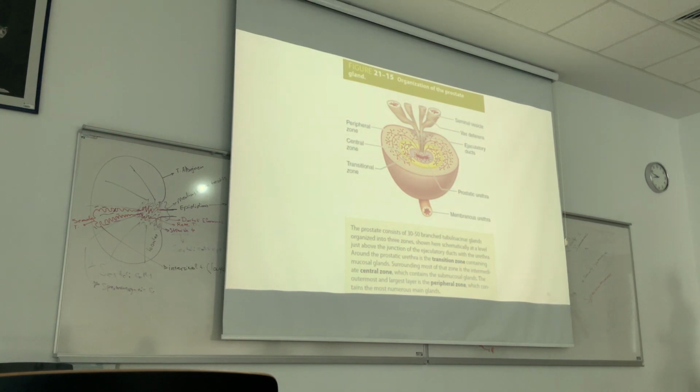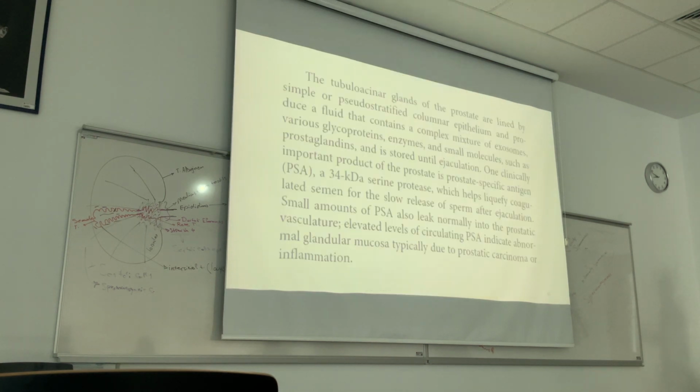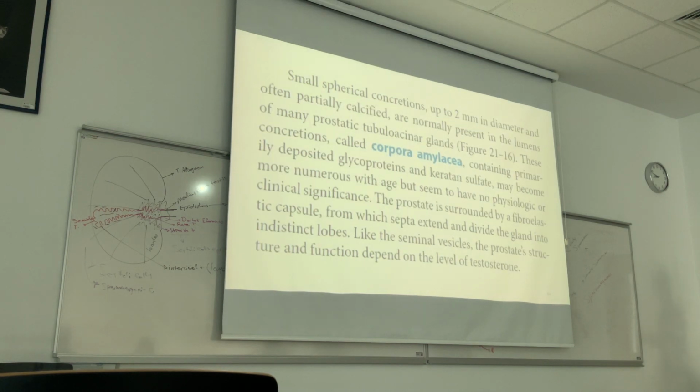In the transitional zone, you can see glands generally related with the prostatic urethra. But in the peripheral zone, we have the main glands of the prostate. In the prostate, we have corpora amylacea, or prostatic sands, in the lumen of the prostate gland.